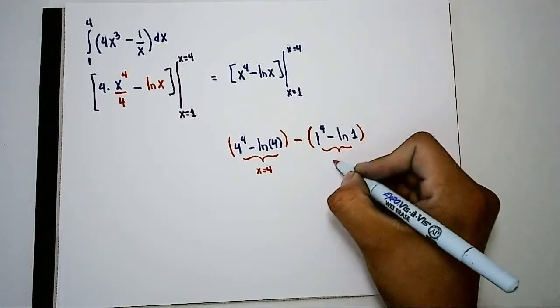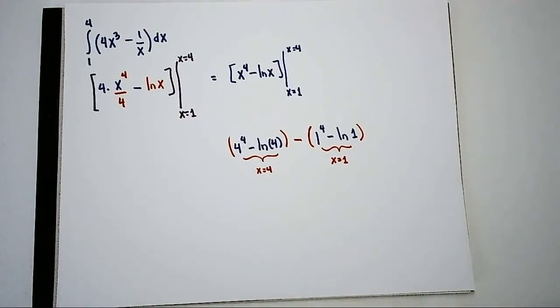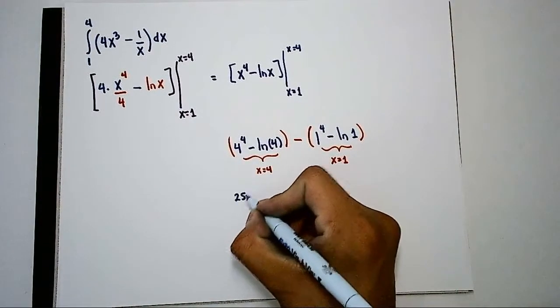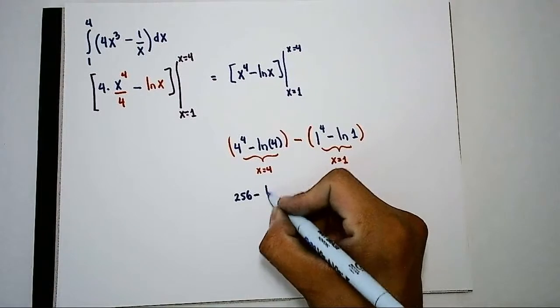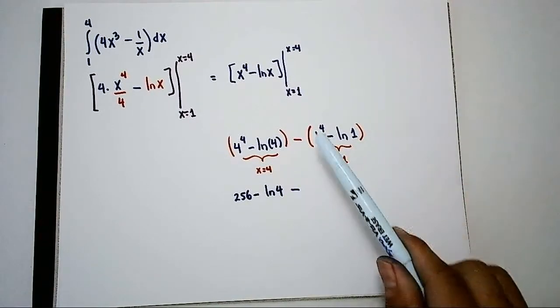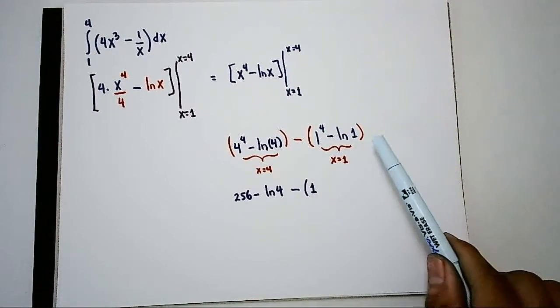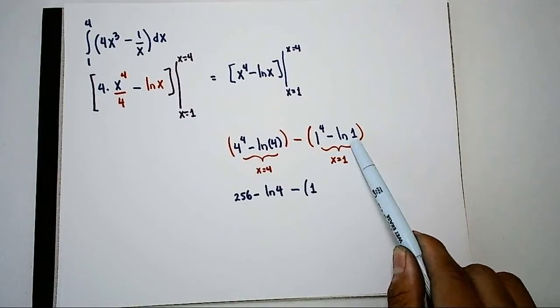This is when x is equal to 1. 4 to the fourth is 256 minus natural log of 4, minus 1 to the fourth is 1. Natural log of 1 is 0.